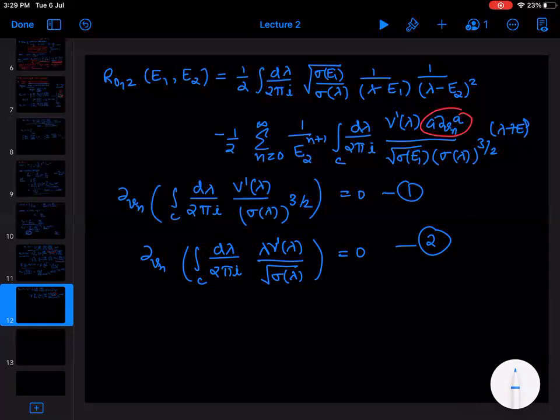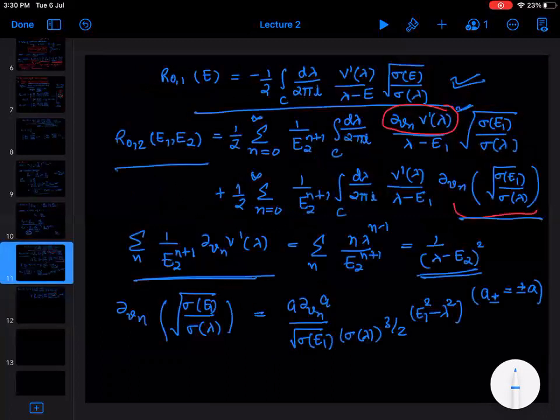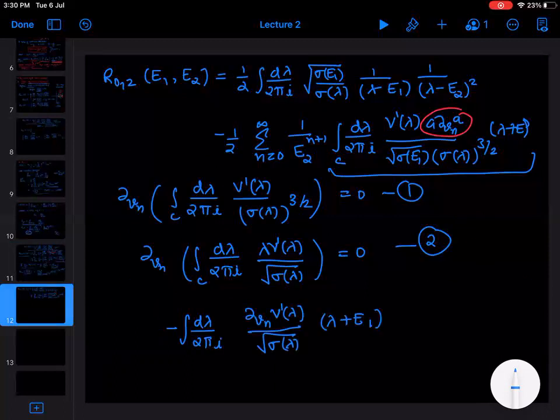And using those equations, you can write this expression as, okay, and then you can use this again, and ultimately the expression you're going to get is this.